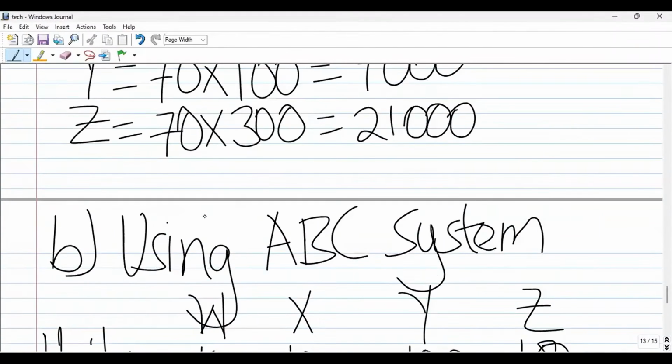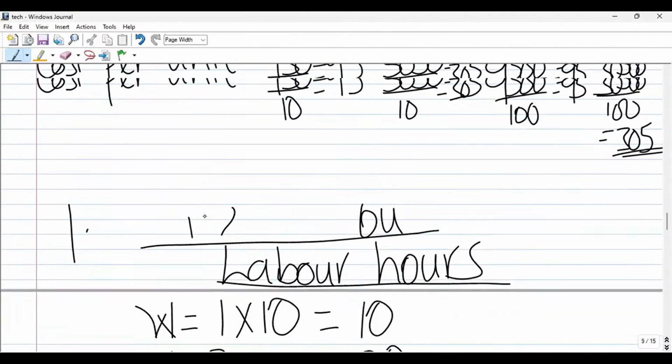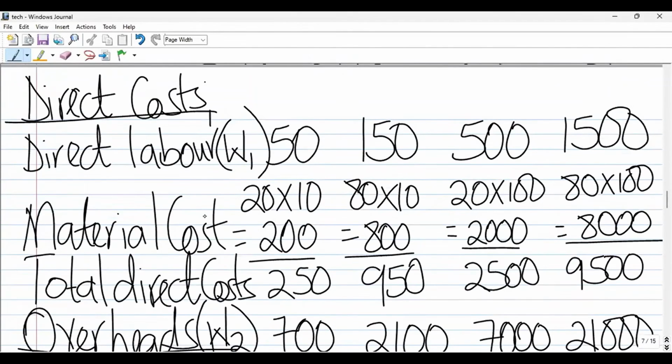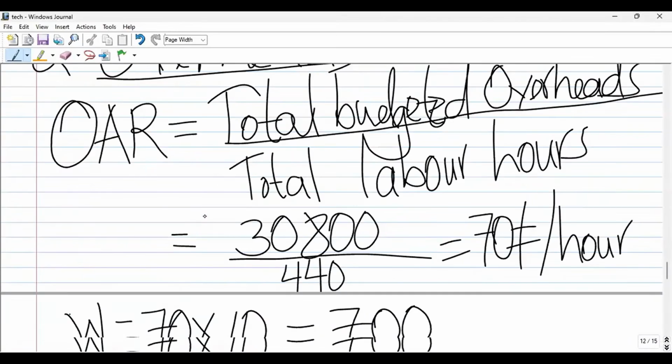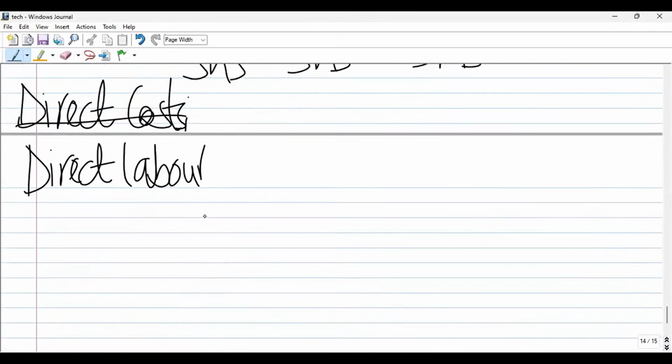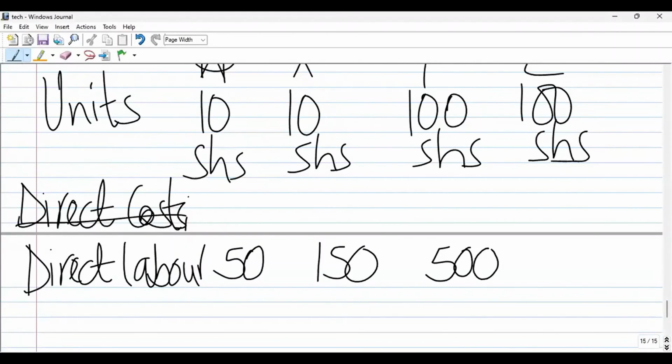So direct labor for product W, we already computed that cost for direct labor, 50, 150, 500, 1,500.